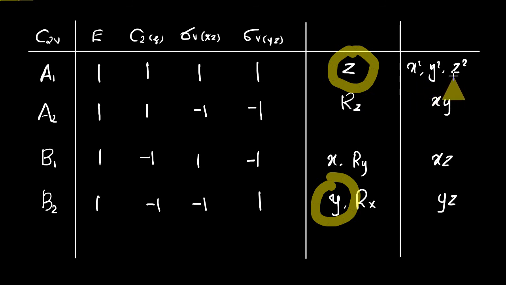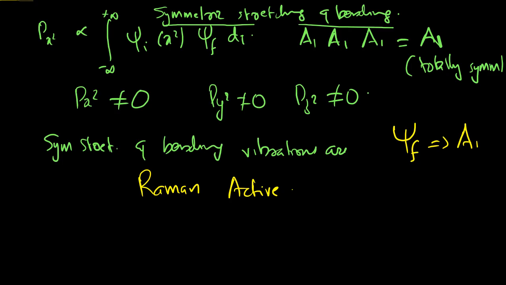Here we have x square, y square and z square coming in the same representation, A1. So any vibration with A1 symmetry will be Raman active. That is what we have proven here: symmetric stretching and symmetric bending are Raman active.